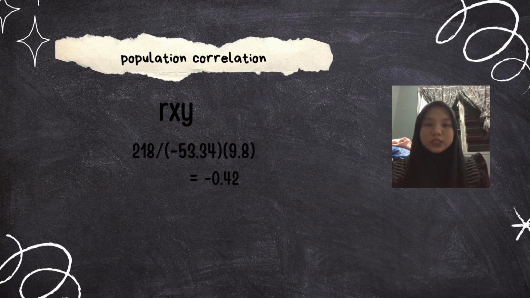The last one is population correlation, RXY. We put 218 divided by 53.35 multiplied by 9.8, and we got the answer 0.42.